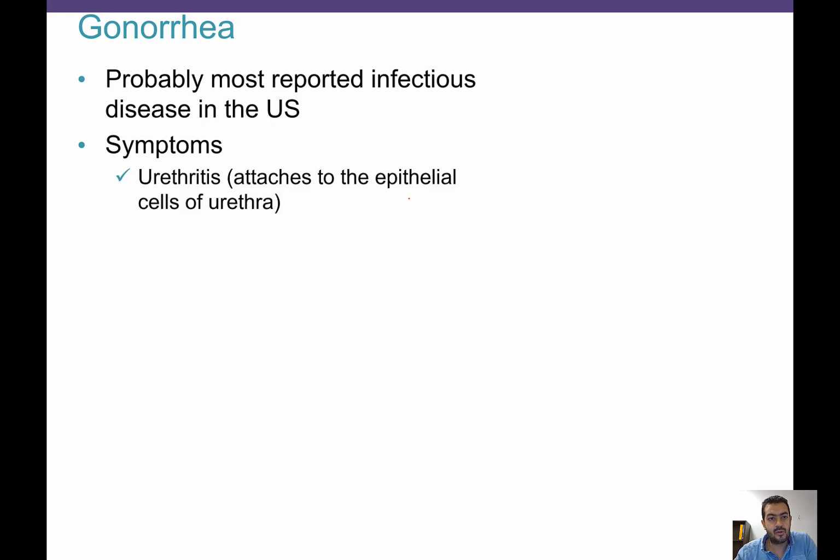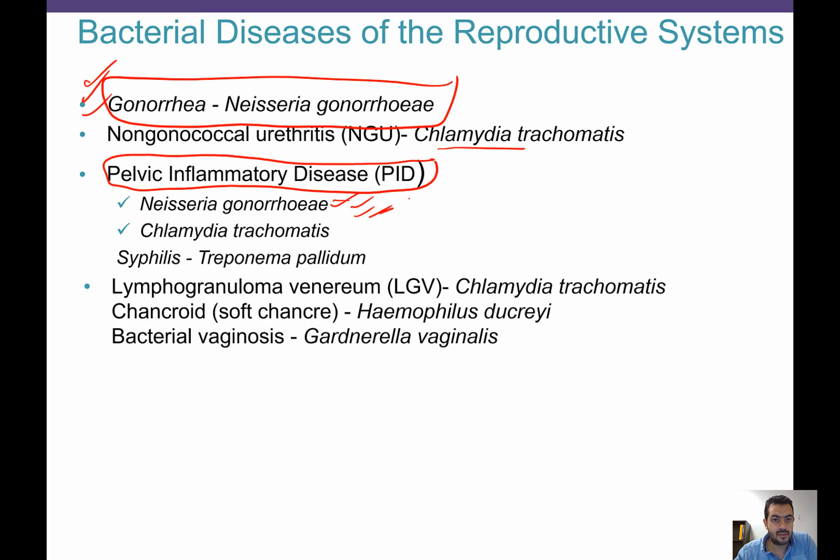The symptoms will include urethritis. If you remember, we said in the previous slide that gonorrhea is characterized by urethritis. That's why other bacteria causing urethritis other than Neisseria gonorrhea, we call them non-gonococcal urethritis, because the main cause is gonococcal urethritis.